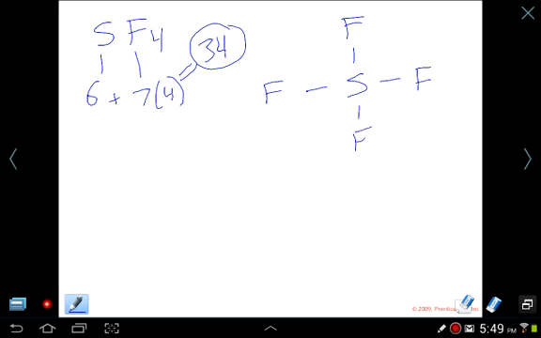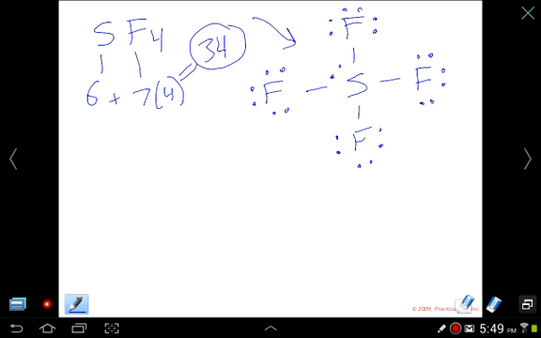We have 8 so far. 10, 12, 14, 16, 18, 20, 22, 24, 26, 28, 30, 32. We have 2 more to go, and the extras, recall, go on the central atom. So we have 34 electrons spread apart. And we do have an expanded octet in the middle there with sulfur.